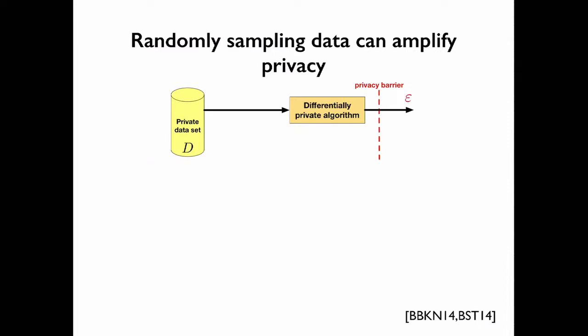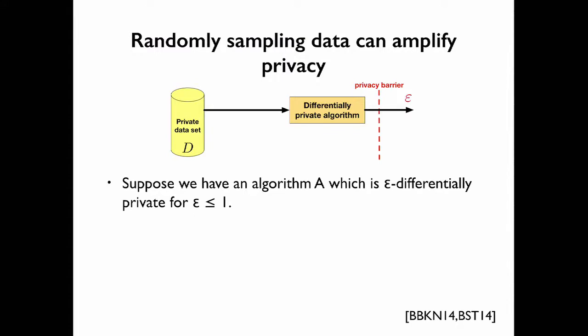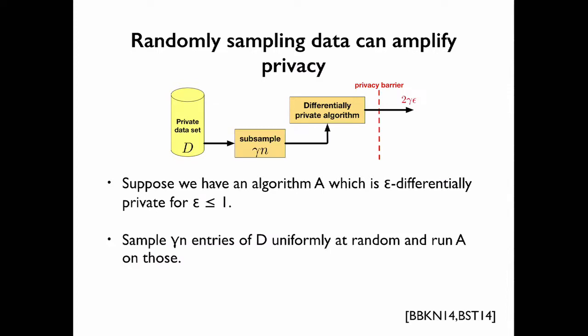So if I give you a differentially private algorithm which is epsilon differentially private, where epsilon is less than 1, and I sample a fraction of the entries of the database and run my algorithm on a randomly chosen subset, the randomization in the selection is very important to make this work.